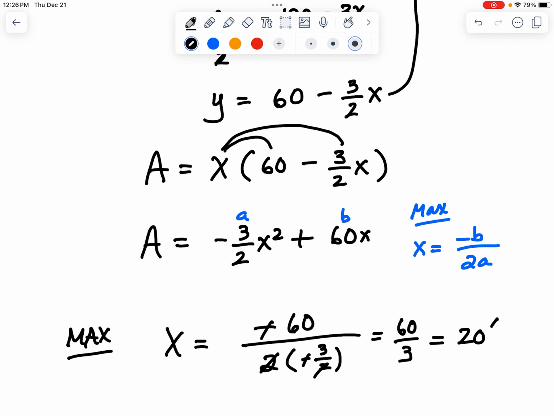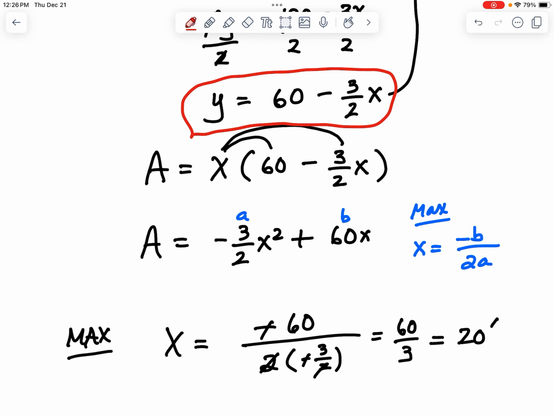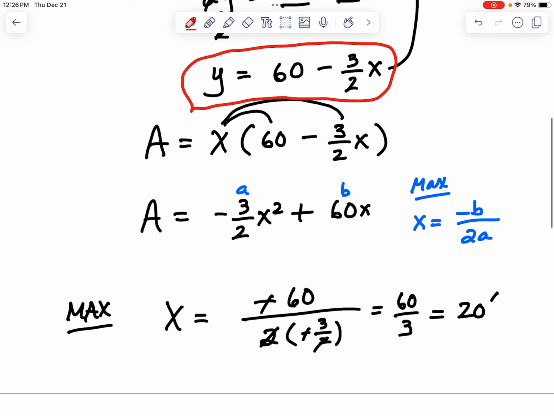And we're almost done. It did say find the dimensions, so that means we need to find the x and the y. So go back to this equation up here where we have y now circled in red, and then go, so that means that y equals 60 minus 3/2 times x, and we just got a 20 for x.